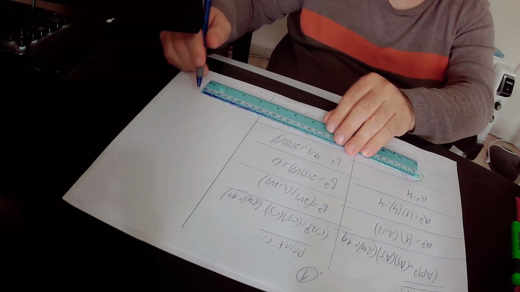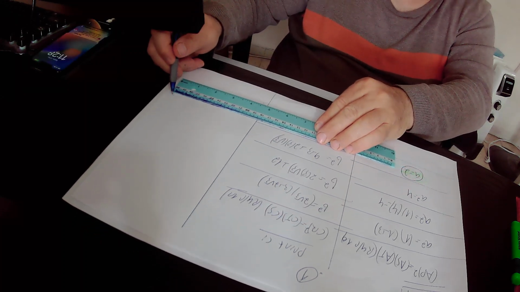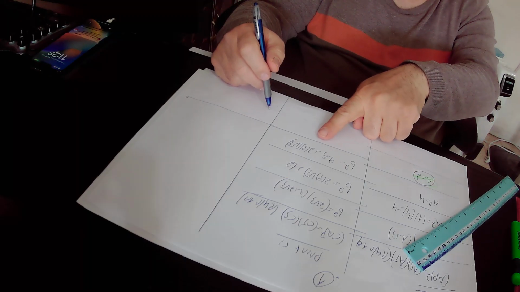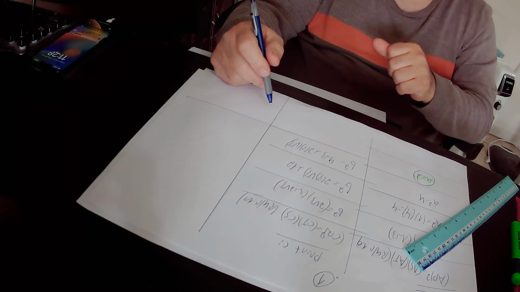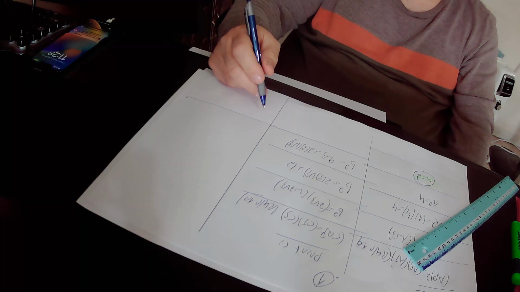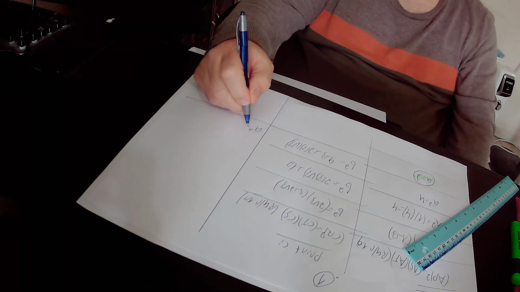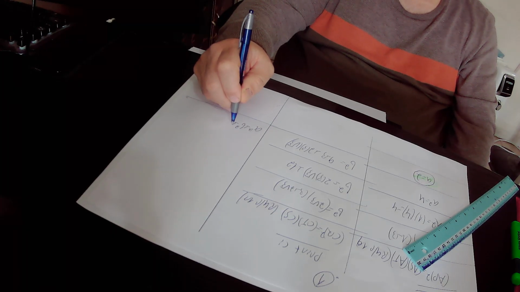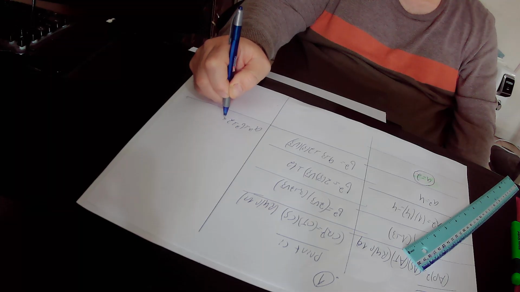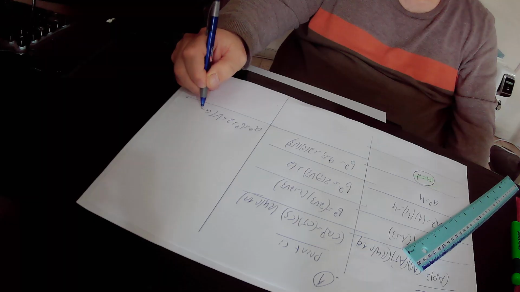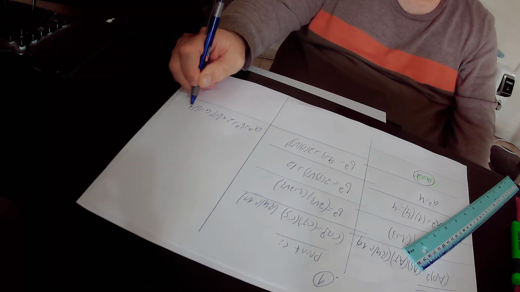So actually, this expression 9 plus 3 plus 2 times 3 times root of 3 is very similar to the algebraic identity that A squared plus B squared plus 2 times A times B equals A plus B squared.